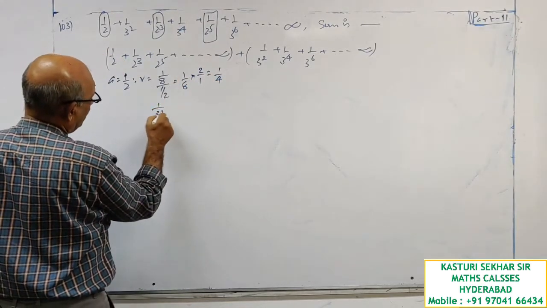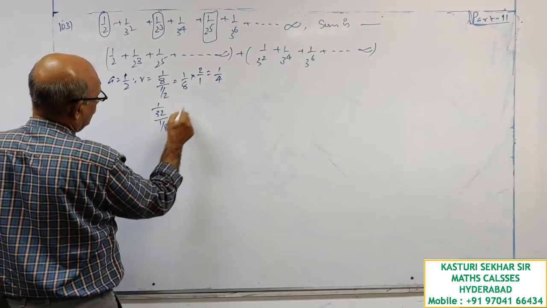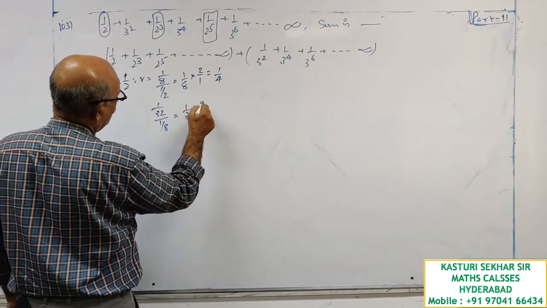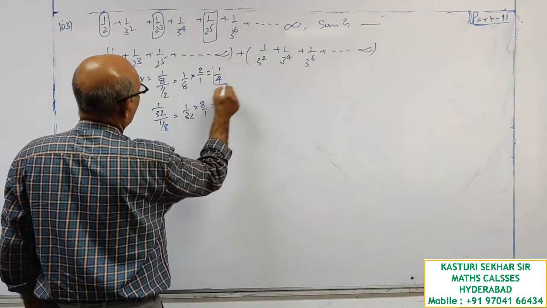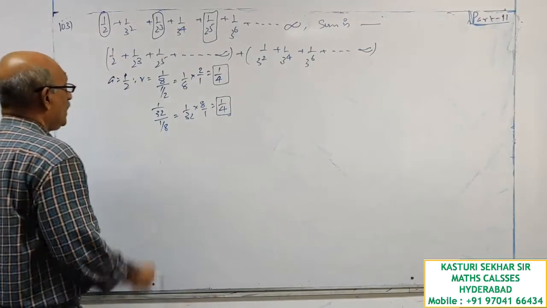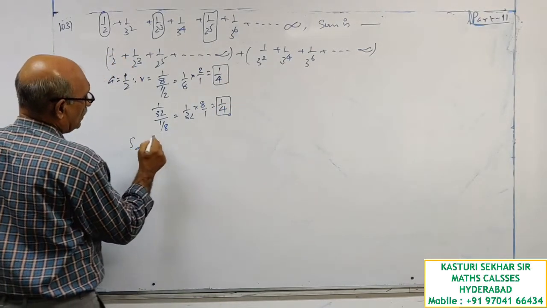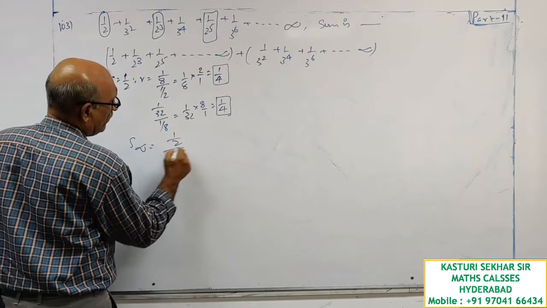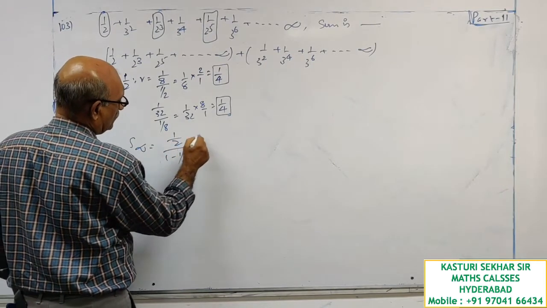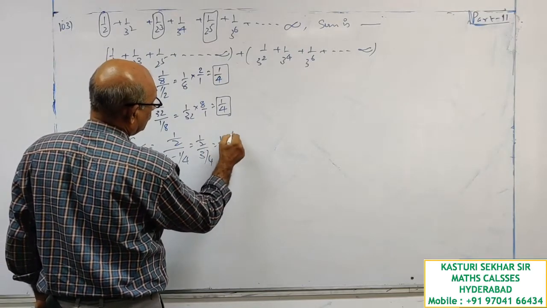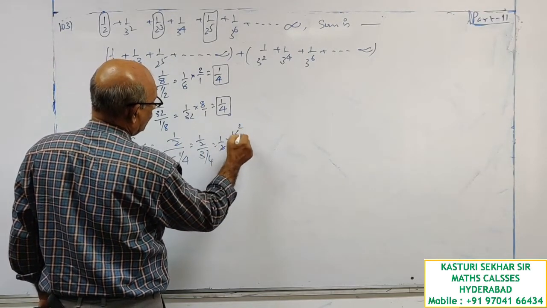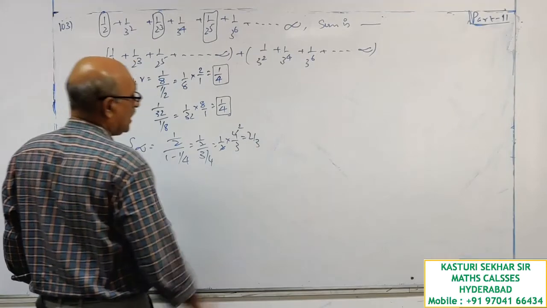Third term divided by second term, 1 by 4. Therefore, S infinity is equal to first term divided by 1 minus 1 by 4, that is 3 by 4. It will go 2 times, 2 by 3.